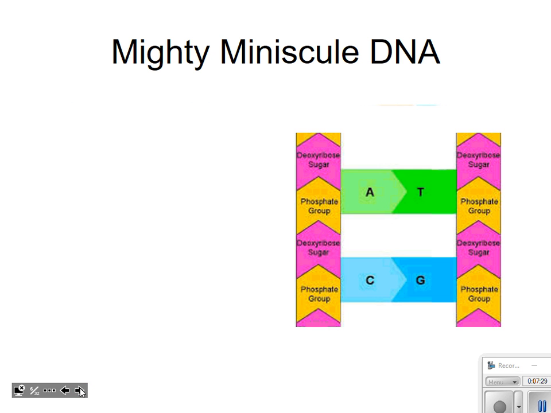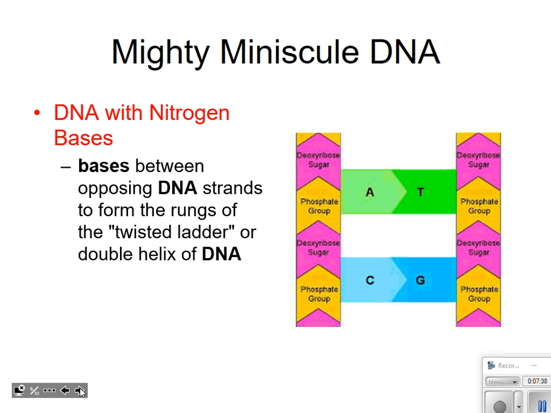The final thing is the nitrogen bases of the DNA. Bases between the DNA strands form the rungs, just like I said, the rungs of this twisted ladder. So if you look here, A and T go together, rung together.